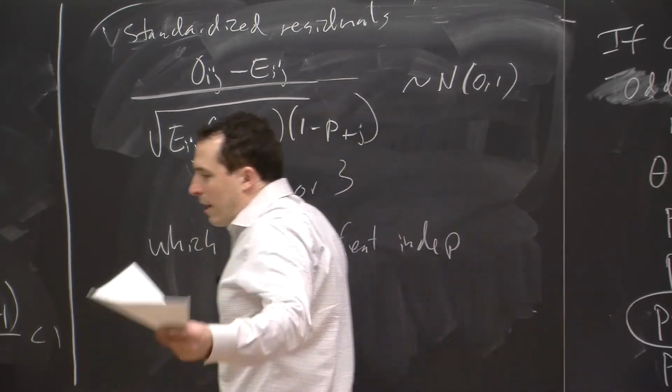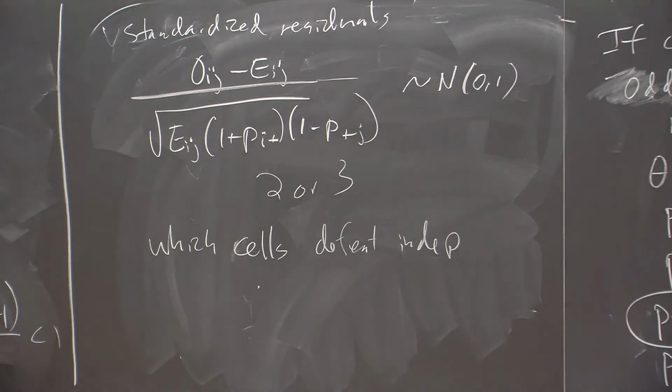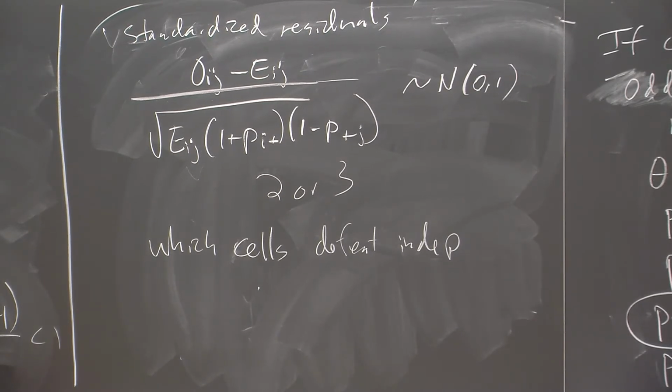It could be that that responsibility is shared among the cells, but if it's localized in a few cells, that could tell you a lot about your data. That's where the effect happens. And maybe you should zoom in, or maybe you should collapse parts of the table that aren't interesting.